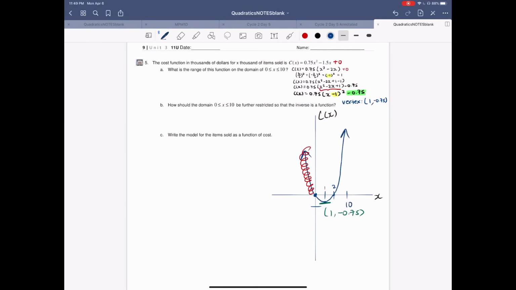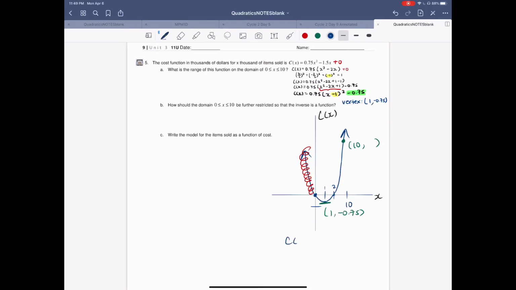And so eventually at some point, I'm going to hit a y value that is going to be (10, something). And so how do I find this (10, something)? Well, do my side notes. How do I find the y value when x is equal to 10? Well, you just plug in 10 into the original equation.